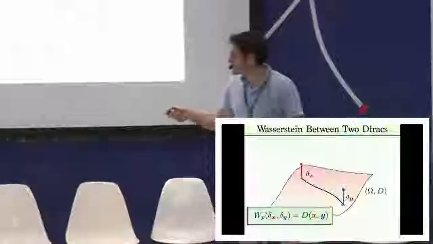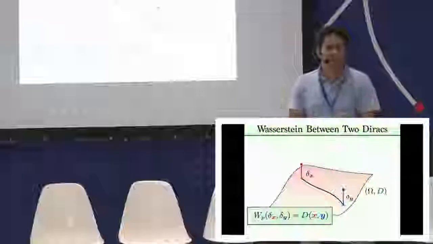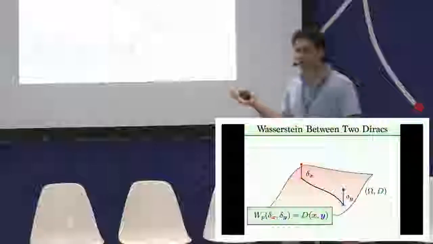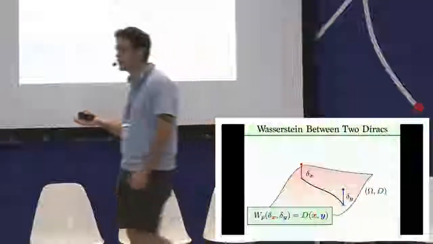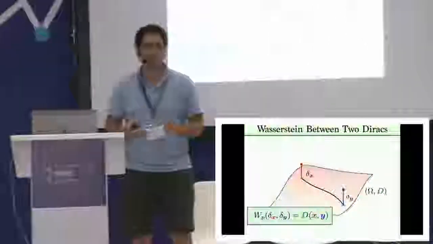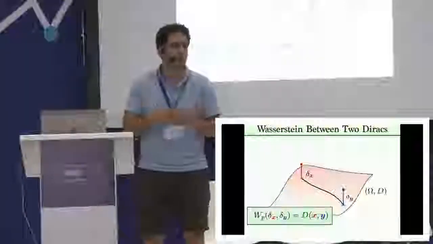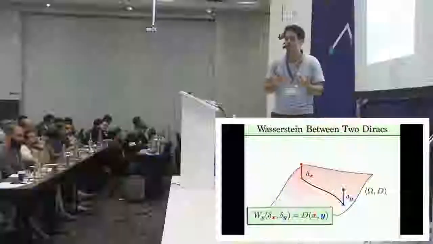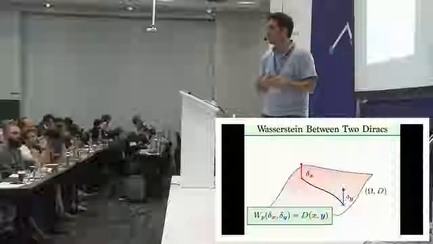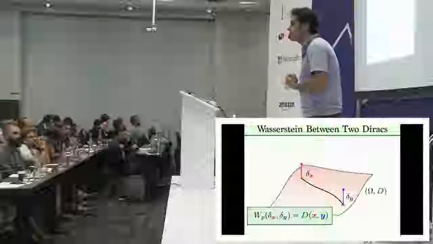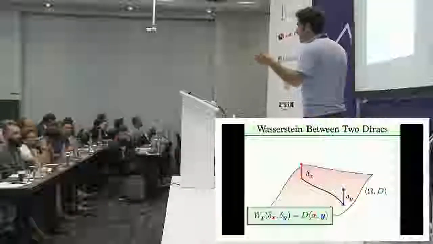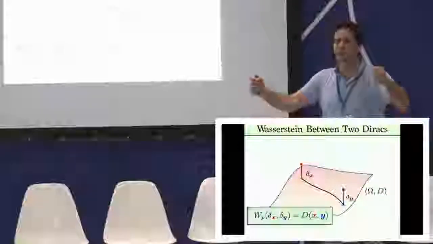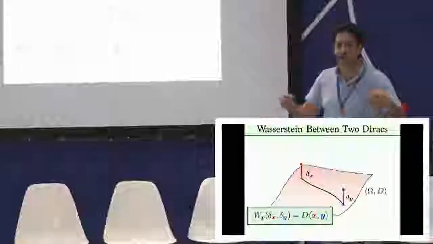Well, the Wasserstein distance between the two Diracs is equal to the distance between the points. This seems like a trivial statement, but if you look at all of the other definitions you're familiar with, like the f-divergences or Kullback-Leibler, this doesn't work. All of the measures of similarity that you get from information geometry don't give you this result: when everything is concentrated at one point and at another point, those distributions are as far away as their points are.